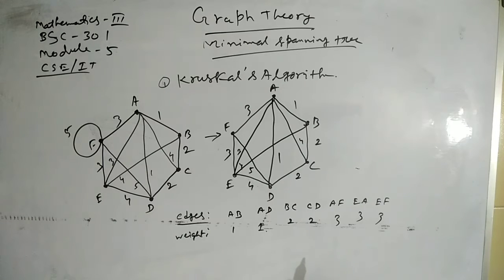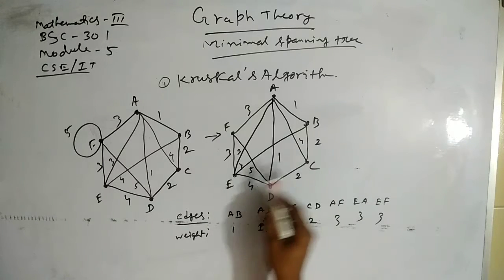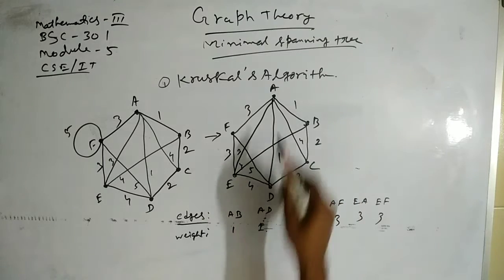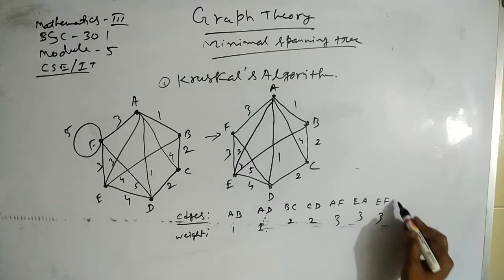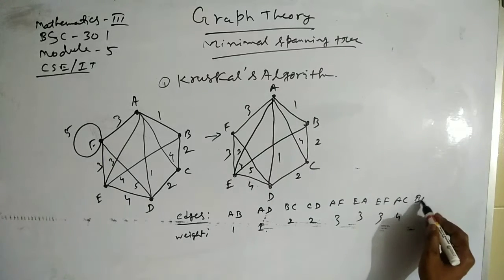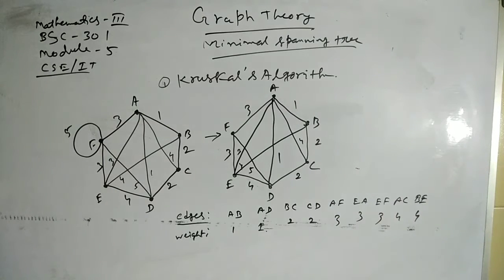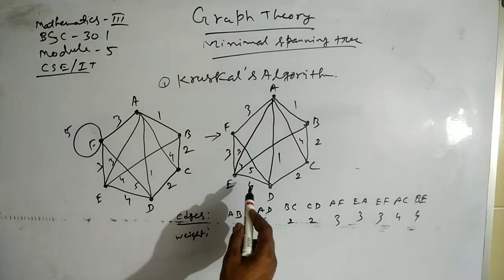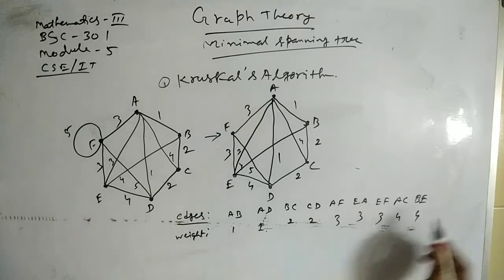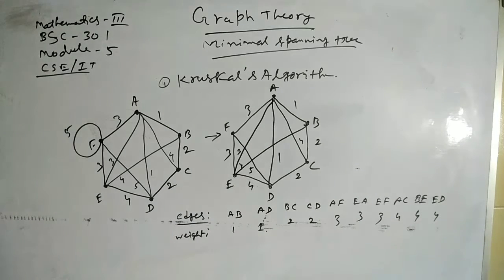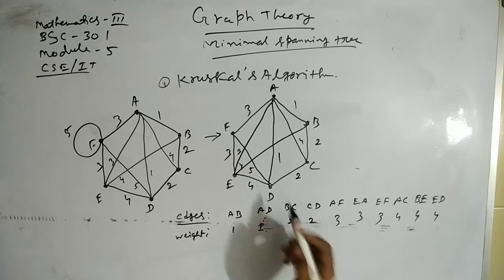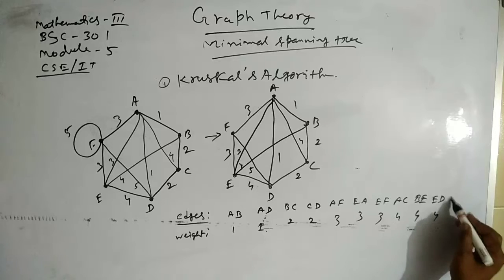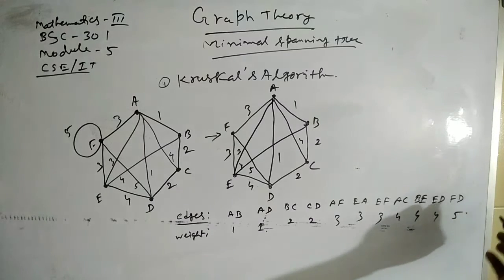Next, there are two edges with weight 4. They are BE and AC. So AC weight 4, BE weight 4. Okay, no, there are 3 edges. There is another edge with weight 4, that is ED. ED weight 4. And the last edge with weight 5, that is FD. So FD with weight 5.